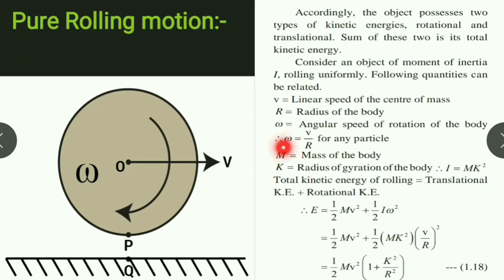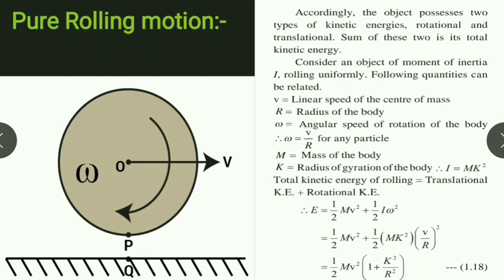Therefore, omega equals V upon R. Also, consider capital M is the mass of the body and K is the radius of gyration of the body. Therefore, we have the relation between these two quantities, that is I equals mk square, where I is the moment of inertia of the body.